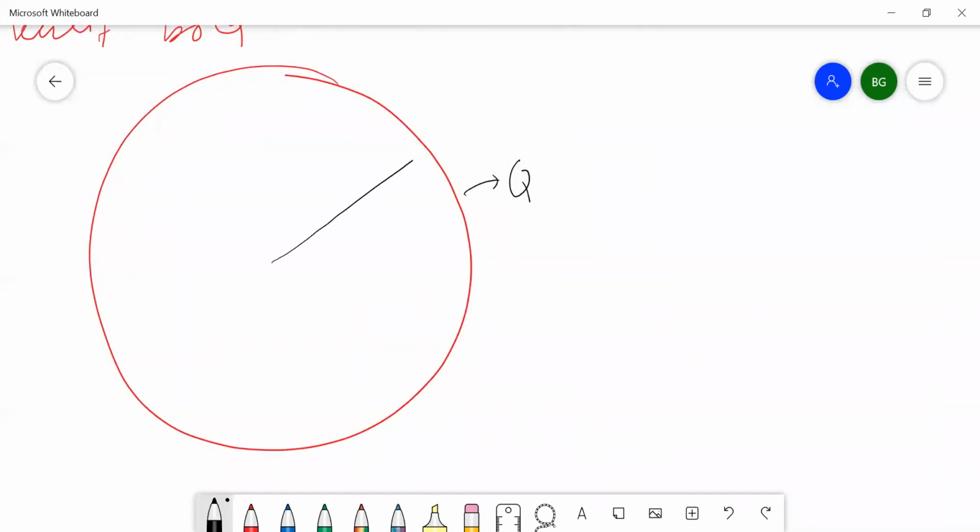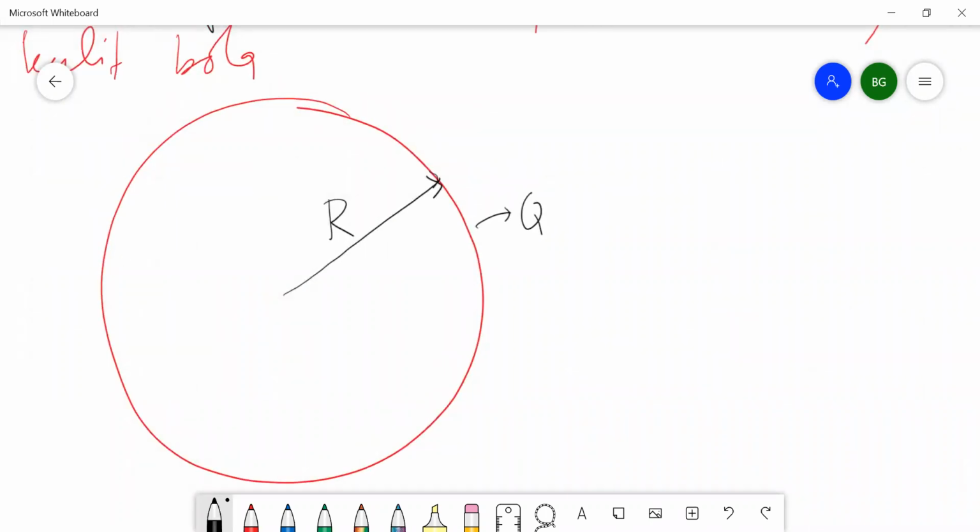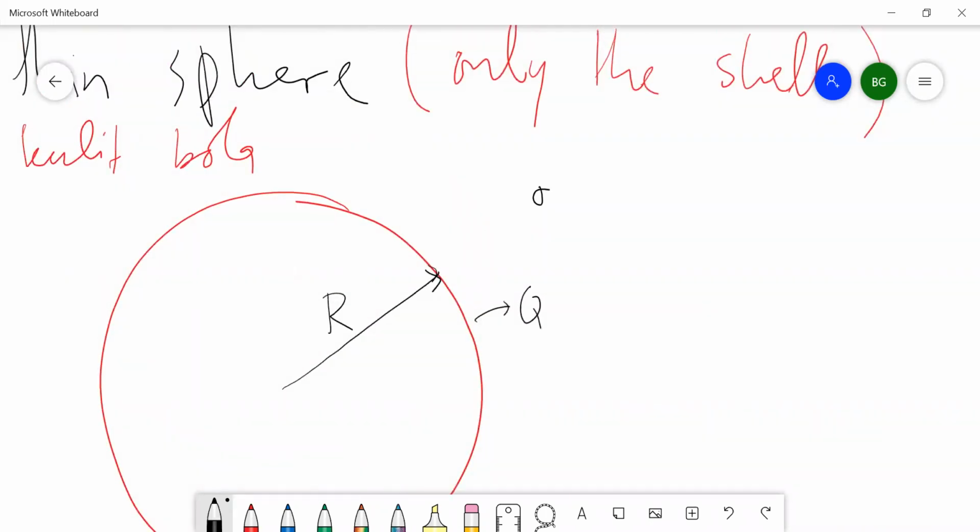And then it has the radius big R. Sigma here is the area density of the charge, charge per area.